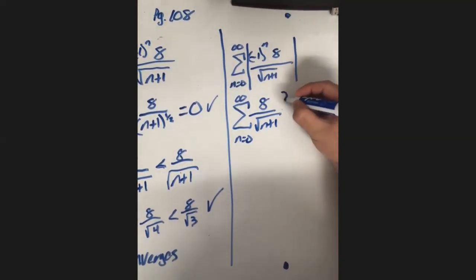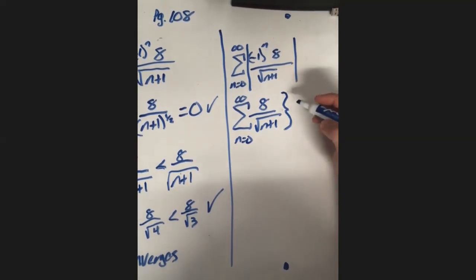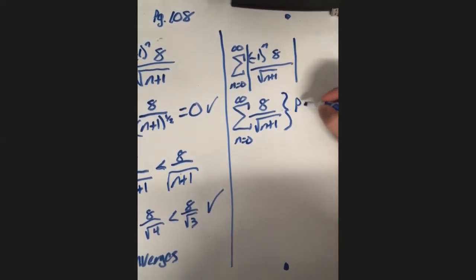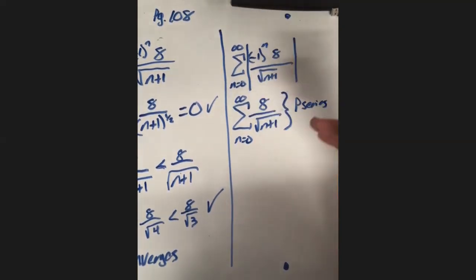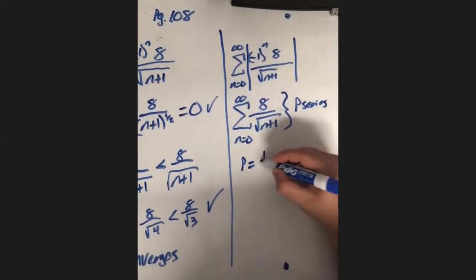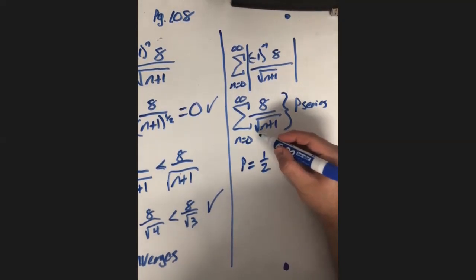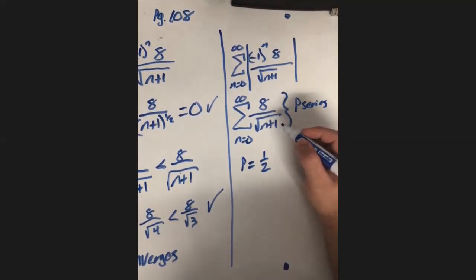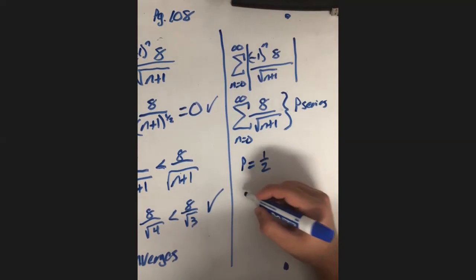If you look at this, hopefully from the last video notes, you'll recognize it to be a p-series. It's in the form of 1 over n to the power of p, where my value of p in this equation is 1/2. It's written a little tricky because square roots can be written as a 1/2 exponent.